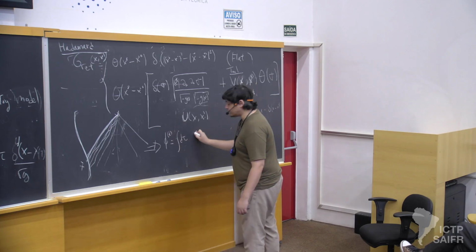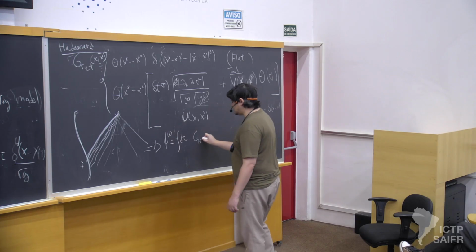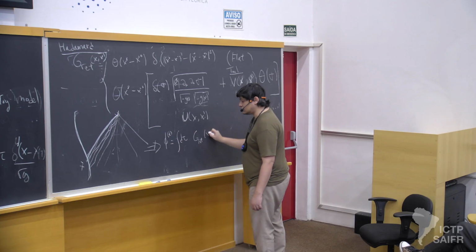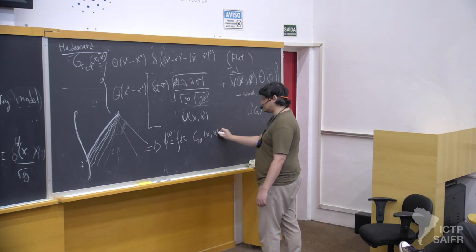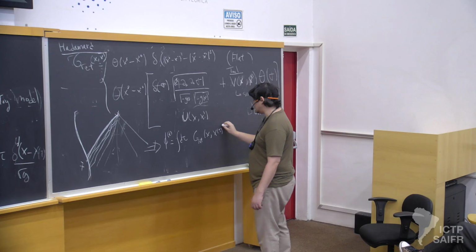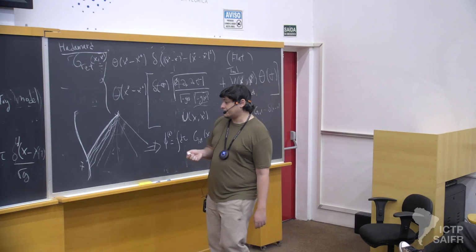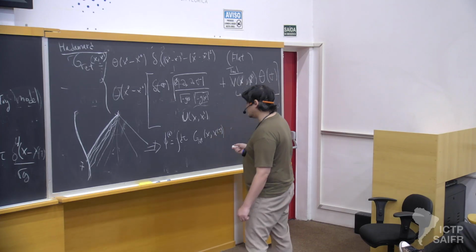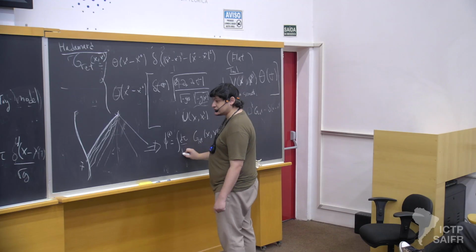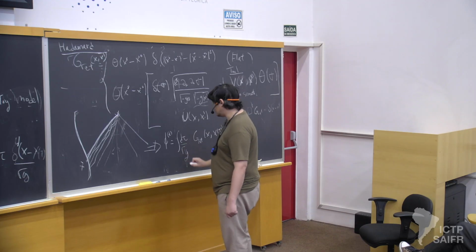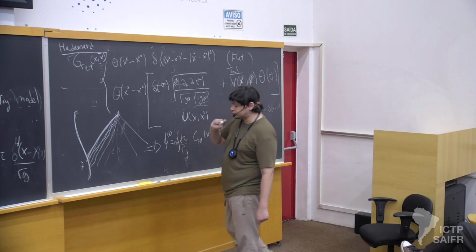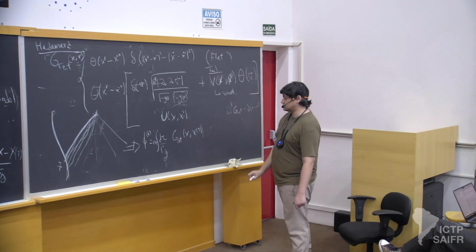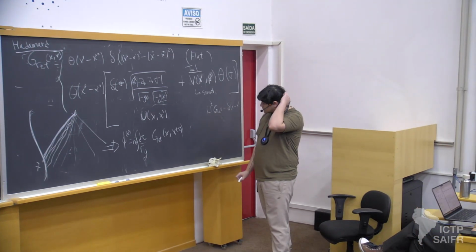It's going to be my propagator at point x, and also evaluated at x of tau. And then there will be some square root of g, and then the mass. Okay, I think that's correct.